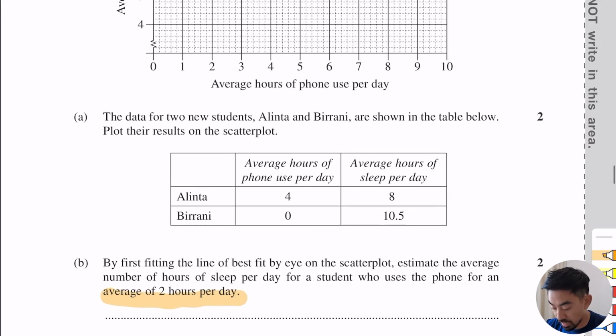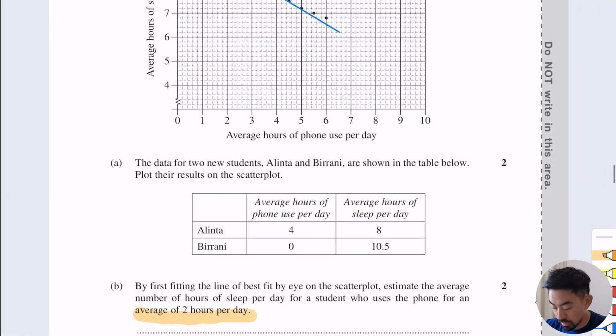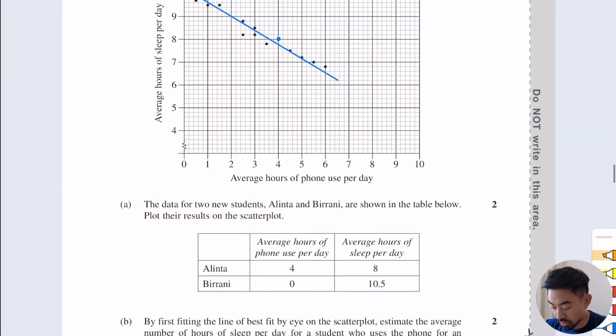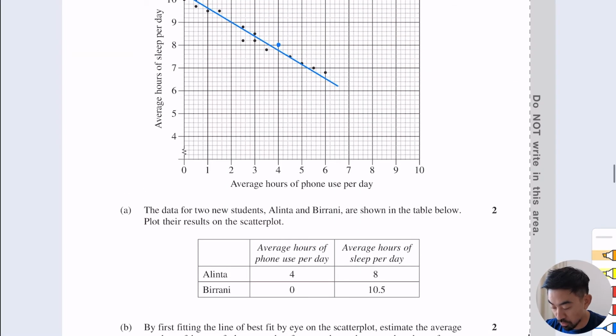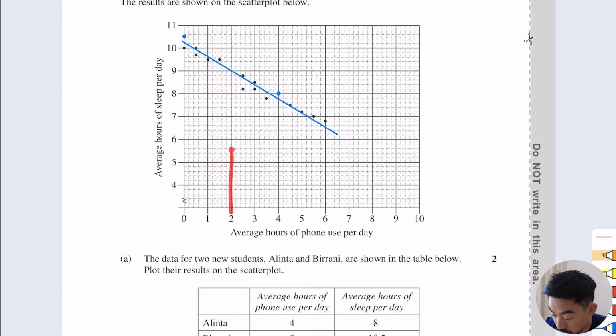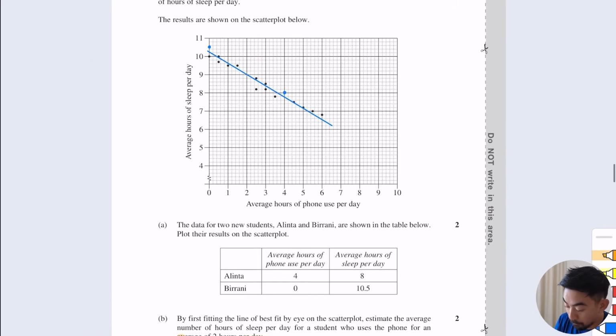And I need to get the average number of sleep per day for someone that uses their phone for 2 hours. So here, right across. Okay, so it looks pretty nice there. I think it's going to be 9 hours of sleep. So roughly 9 hours, I would say.